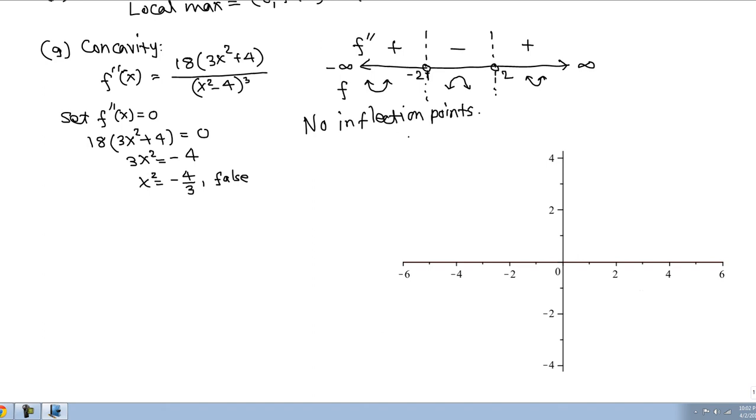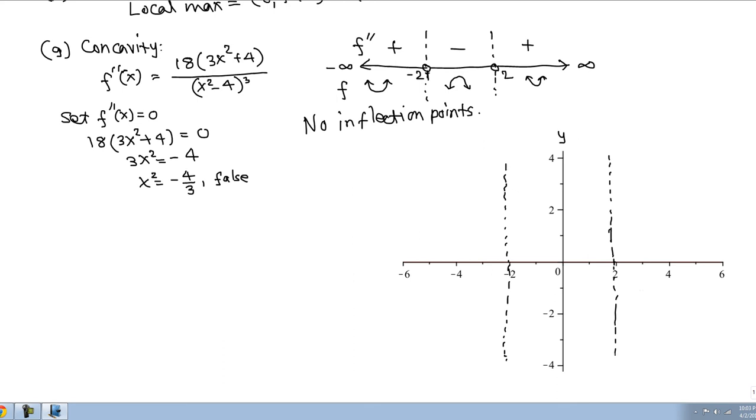Now we want to combine all the facts we have found so far and sketch a graph of the function. We've seen there are two vertical asymptotes, x equals 2 and x equals negative 2. Since the function has y-axis symmetry, whatever we have on the right we have on the left.